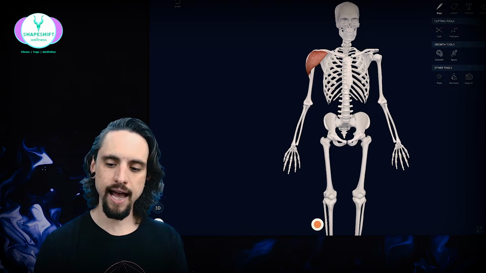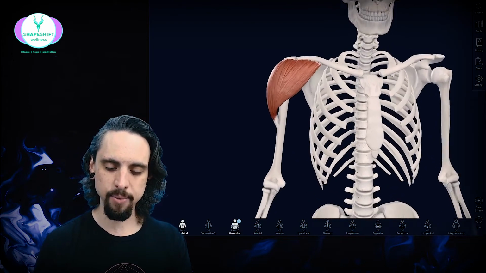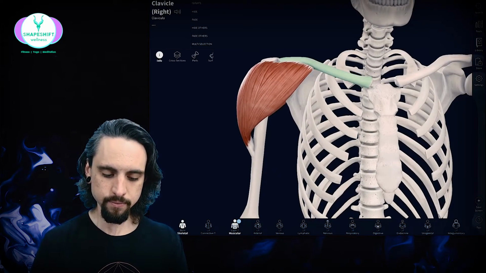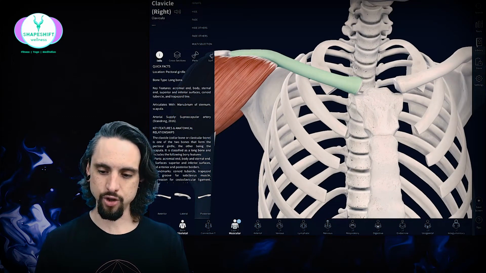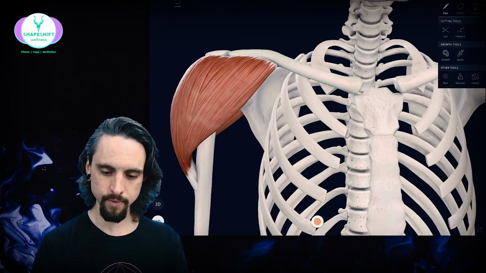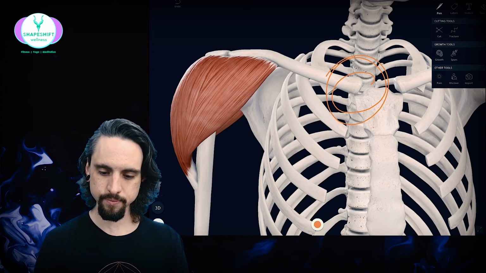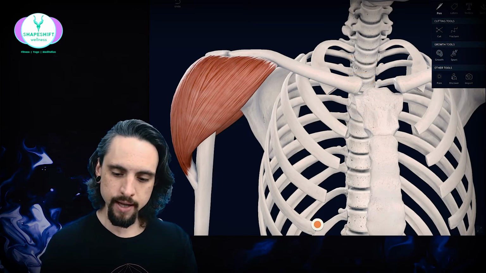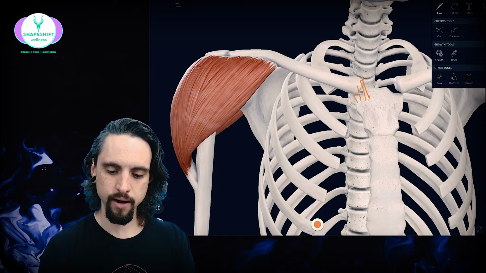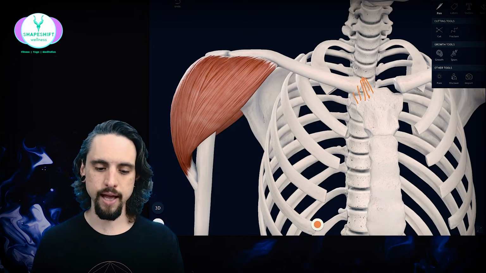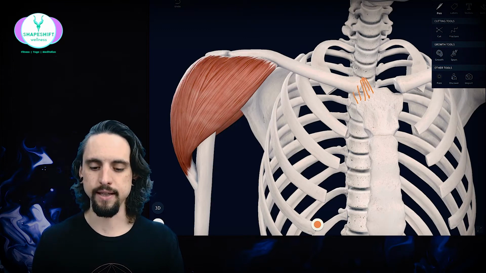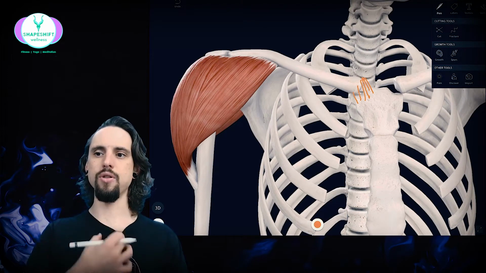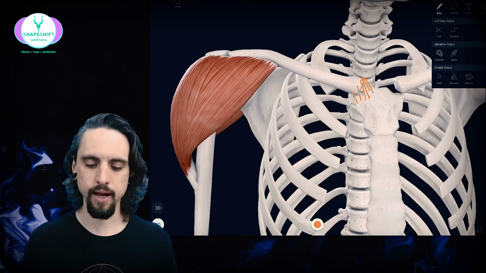Now let's look at that so you actually see the anatomy. If we look at the collarbone, we see this SC joint is right here. It's formed where the proximal end of the clavicle meets the sternum, technically the manubrium, but we'll just call the whole breastbone the sternum for our purposes.